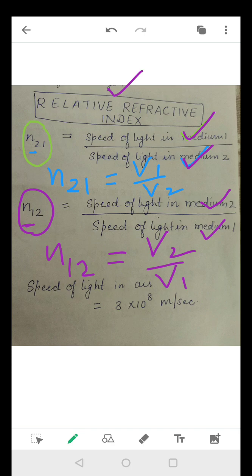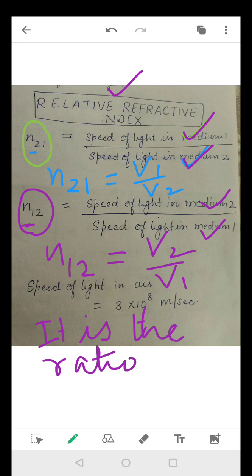It is the ratio of the speed of light in medium 1 upon the speed of light in medium 2. So if you are asked to define relative refractive index, you will write this definition and you will write any one of these formulas.